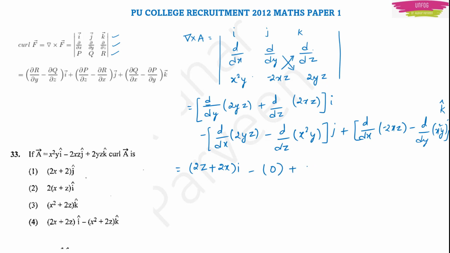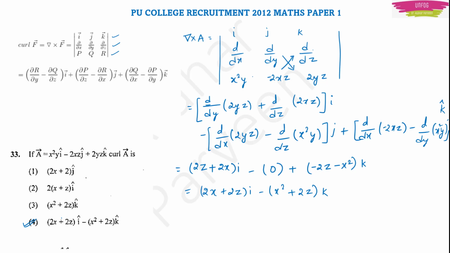Then plus d by dx of minus 2xz will be minus 2z. d by dy of x square y will be x square, into k. So this will be equal to 2x plus 2z into i minus x square plus 2z into k. So this is there in option 4. Okay, option 4 is the right answer.